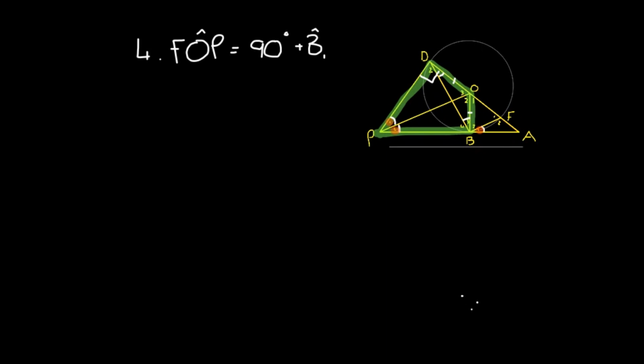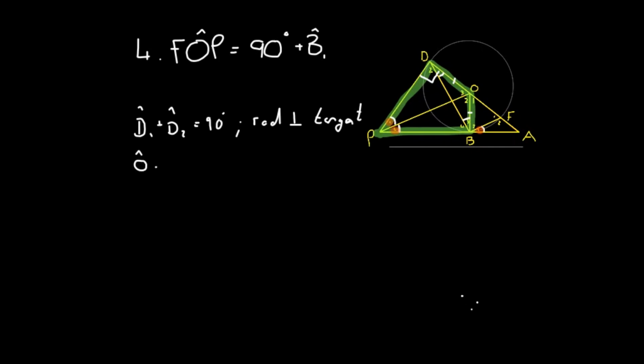Let's take a look at what this would actually look like. Let's start at the beginning. So we could remind ourselves that angle D1 plus angle D2 equals 90 degrees, and our reason there was radius perpendicular to tangent. And then we could say, well, fantastic.